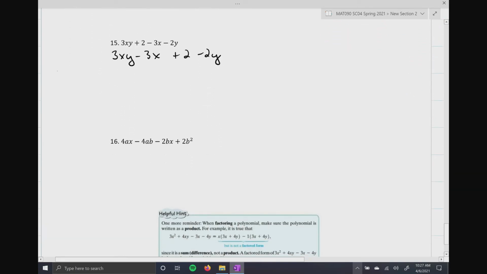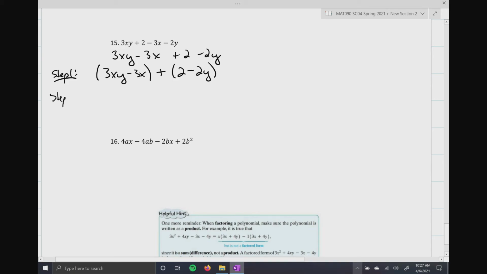Now, let's try step 1 again. So step 1, let's create our groups. And that's awesome. That middle sign is positive. That middle sign was positive, so I didn't have to change anything.